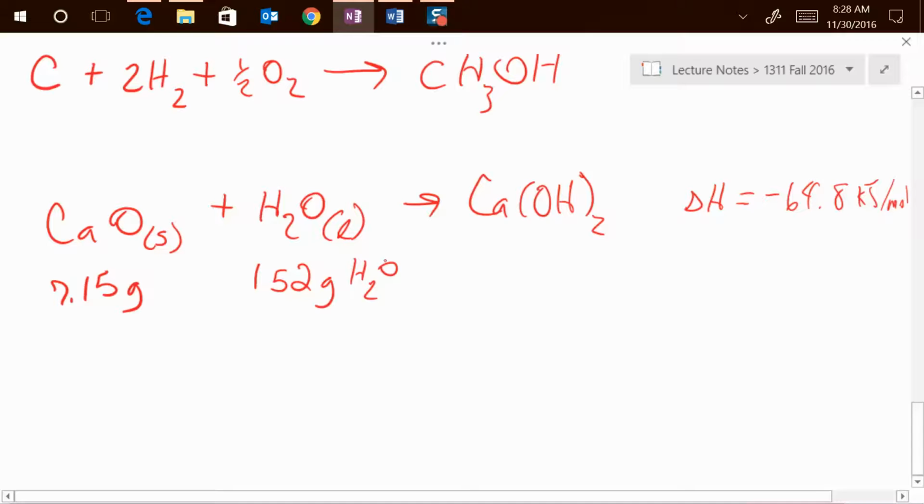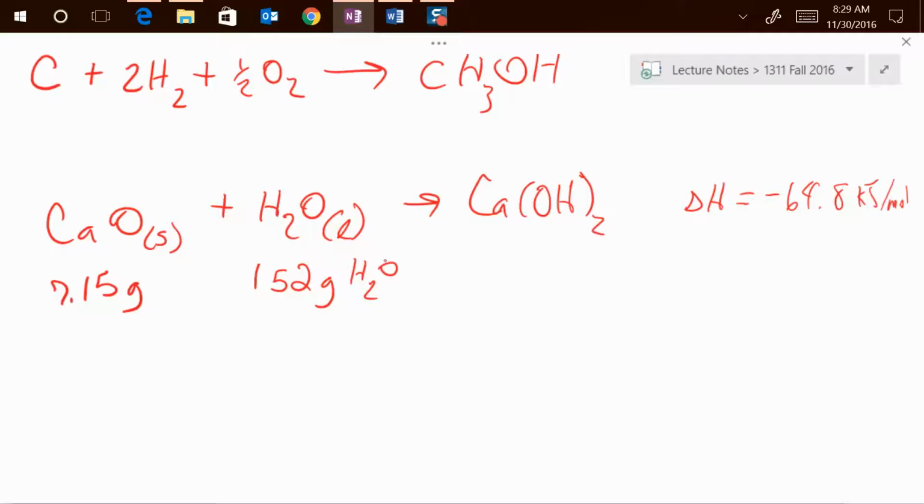So right now we can see the delta H of this reaction is negative 64.8 kilojoules. So if I produce 1 mole of calcium hydroxide, according to this balanced chemical equation, okay, then I will release negative 64.8 kilojoules per mole.